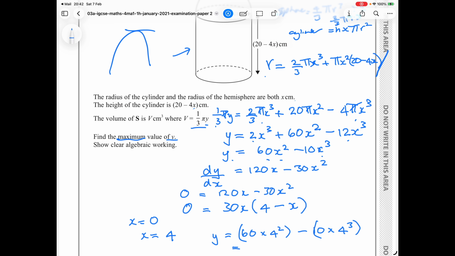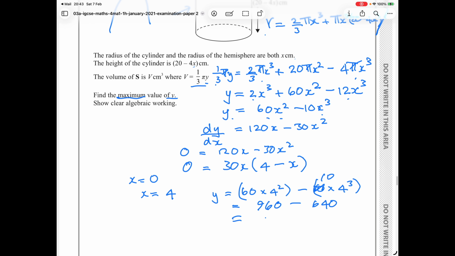That is 16 times 60, which is 960, minus 10 times 64, so minus 640, and that equals 320. So the maximum of y equals 320, and that would be the turning point as well.